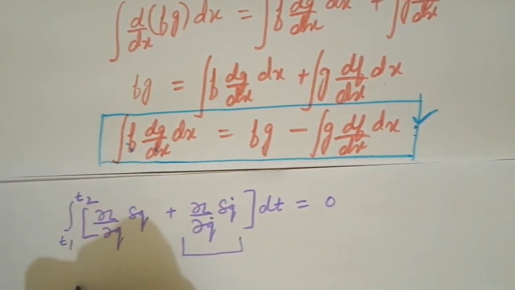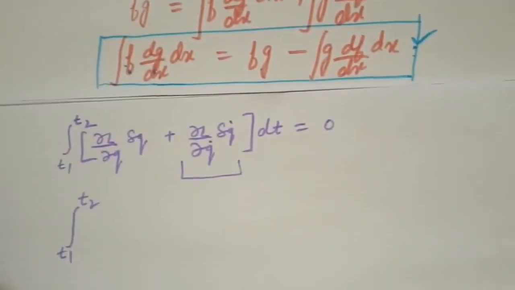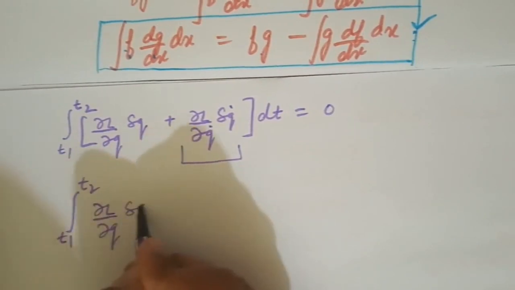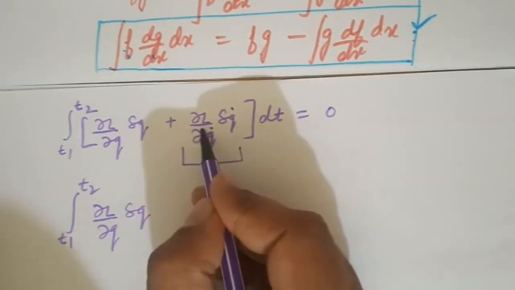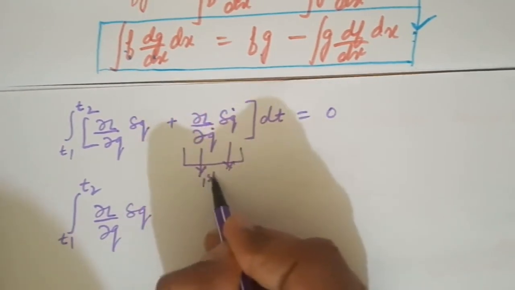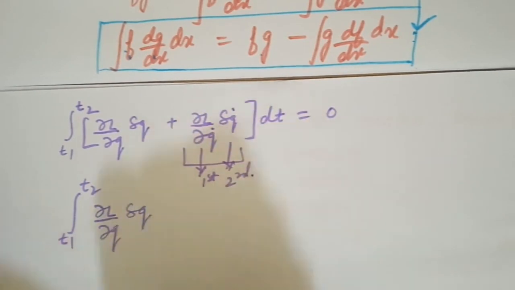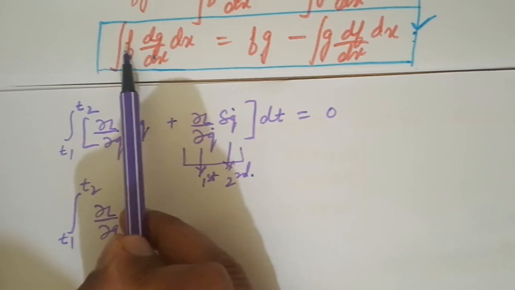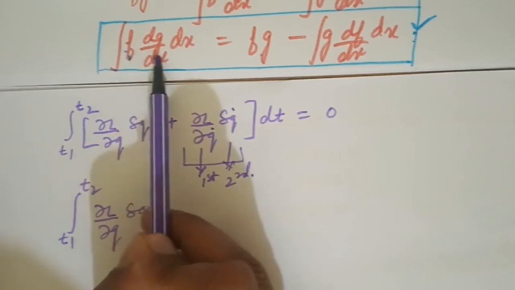So I am rewriting this as same. And now this is the first function and this is the second function. So what do I know from my identity? That first function is this f, this is the second function.